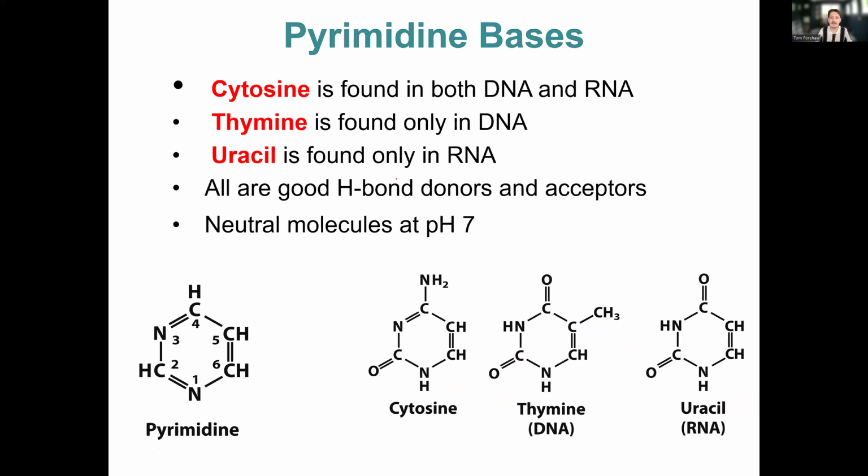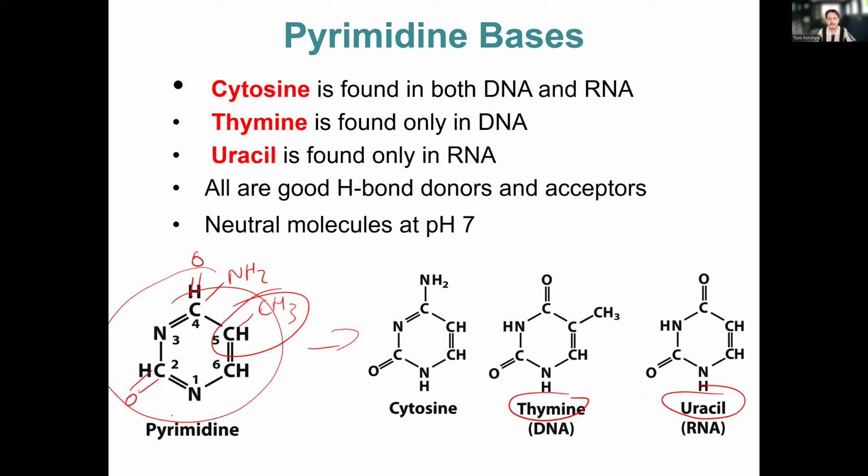And the pyrimidines, just to recap, this is the structure of pyrimidine. These are things which are based upon that, where they just have a change up here, either a carbonyl or an amine, and they all have the carbonyl at position number 2. But the difference between the thymine and the uracil, DNA and RNA respectively, is the presence of the methyl group at carbon number 5.